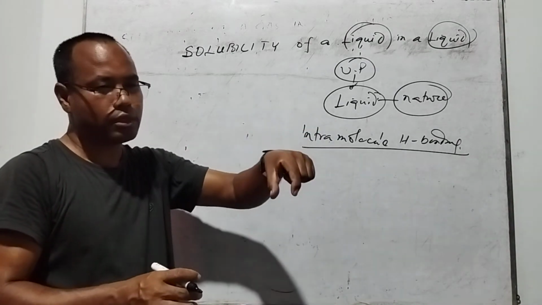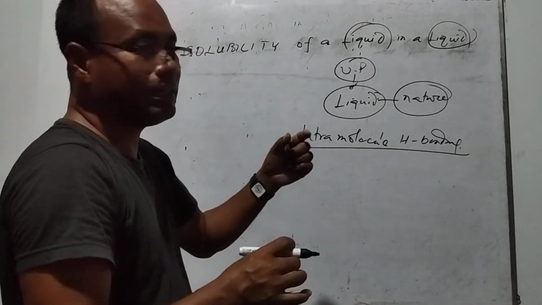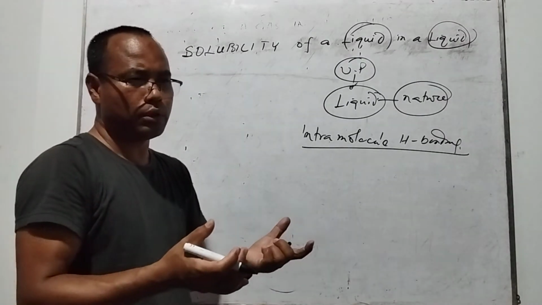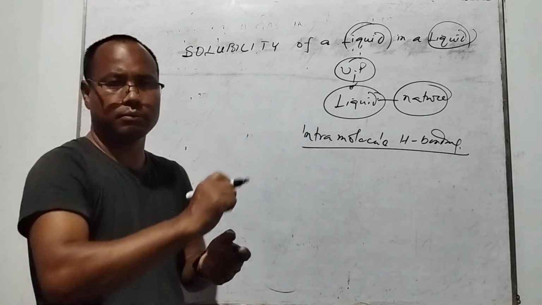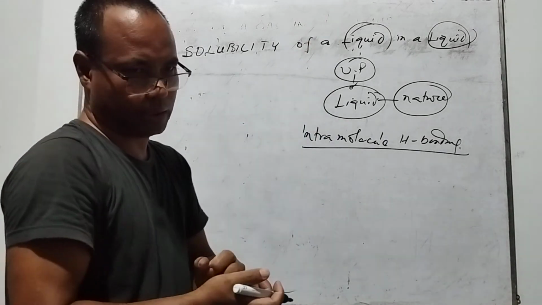Those liquids or substances having only intramolecular hydrogen bonds, meaning the hydrogen bond forms within the molecule itself, that's what we call intramolecular. That molecule is always free from the other molecules, so it can easily get vaporized.